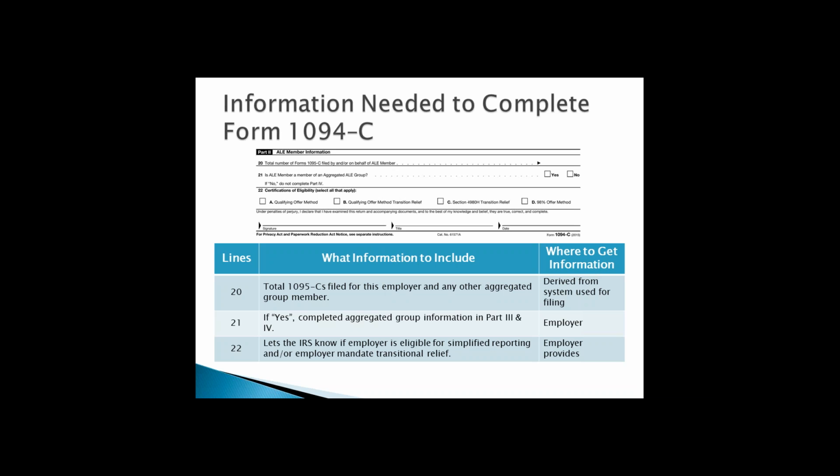Employers are deemed eligible if they certify that, taking into account all months during which the individuals were employees of the employer and were not in a limited non-assessment period, the employer offered affordable health coverage providing minimum value to at least 98% of its employees. Keep in mind that more than one of these certifications of eligibility boxes can be checked on the 1094C. You can have more than one of those.